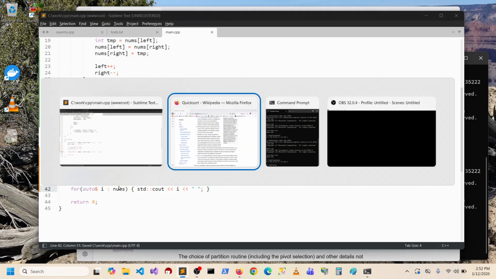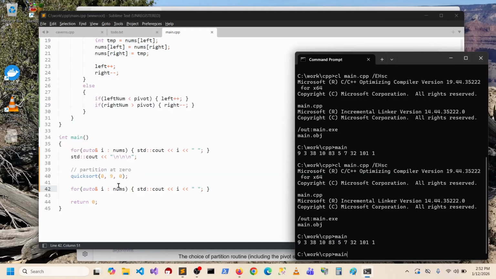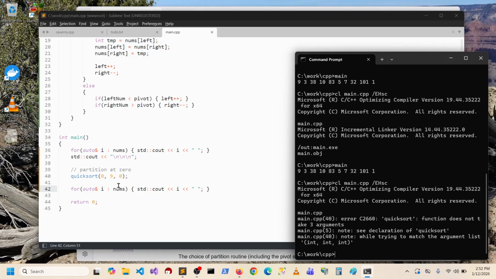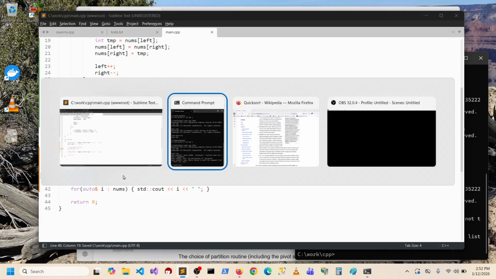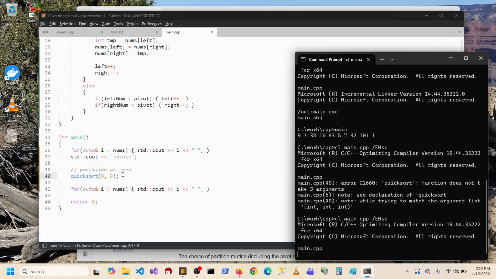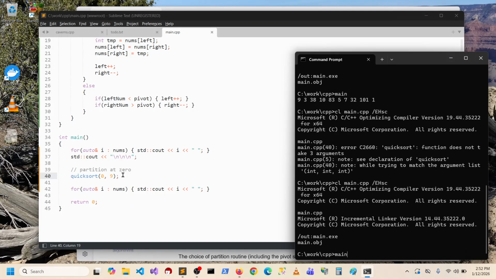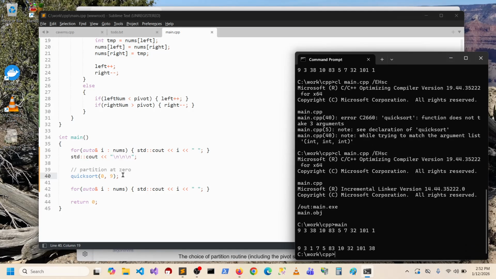Okay. Let's not take 3 arguments. Where's that? Oh, forgot that. Main. So it did some of them. So 9, 3. So 1 and 38 swapped. 7 and 10 swapped.